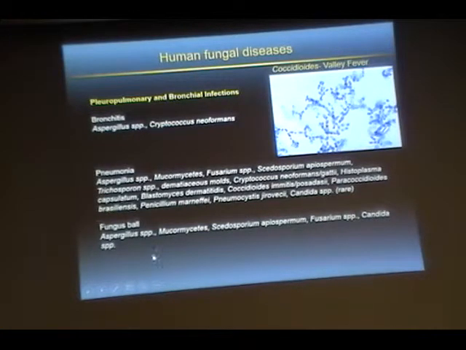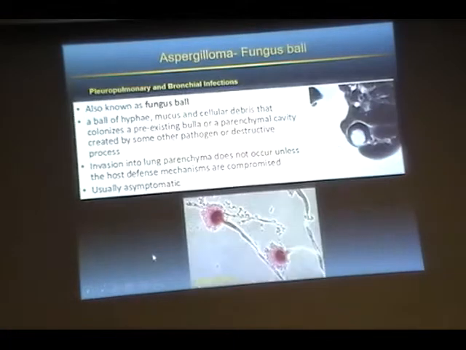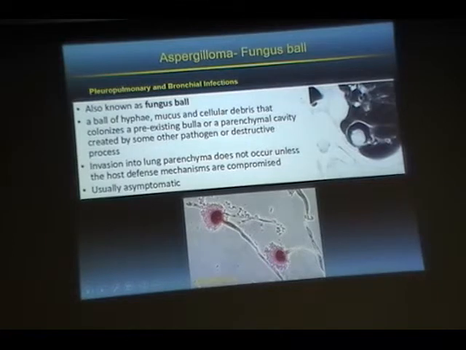Okay, so fungus ball is caused mainly by Aspergillus species, and it's actually a ball of hyphae with a mixture of mucus and cellular debris, the immune cells, and it colonizes the parenchyma or the lung cavity. That's called a fungus ball, and it can cause pneumonia and obstruction of oxygen flow.